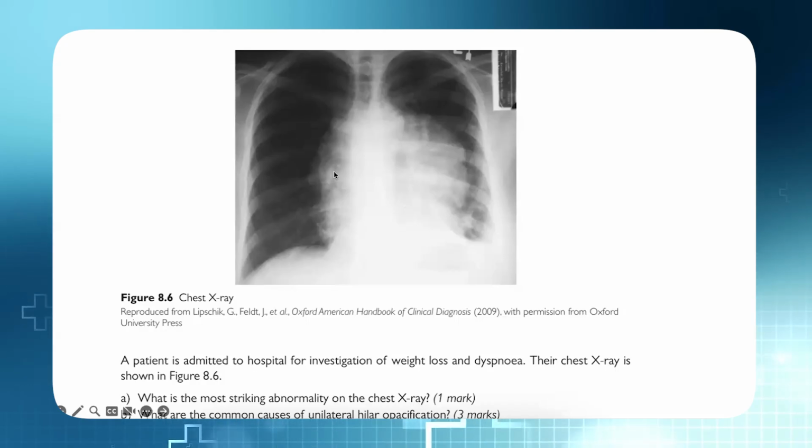It looks like some parahilar mass, a left parahilar mass, or maybe a hiatus hernia, as we are not seeing gas below the diaphragm in the stomach. Gas in the stomach we are not seeing below the diaphragm, so hiatus hernia may be there in the chest.